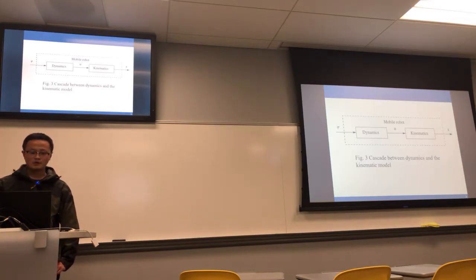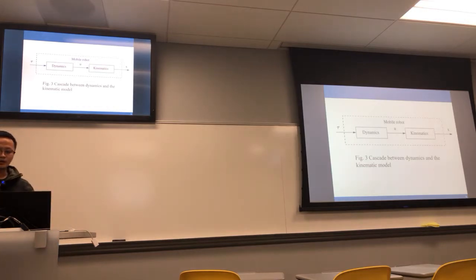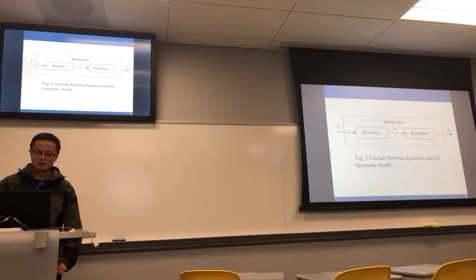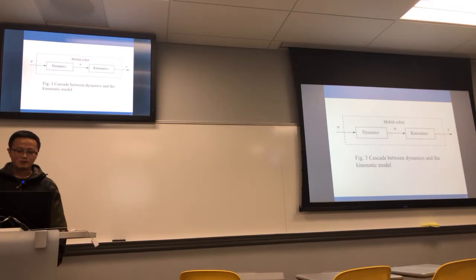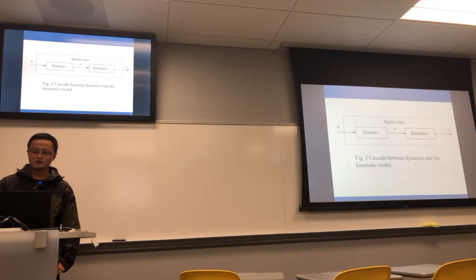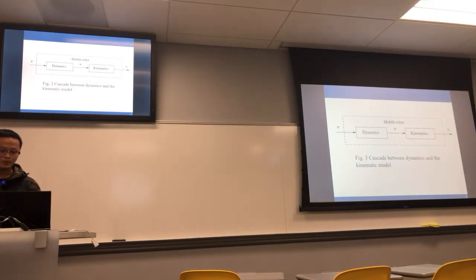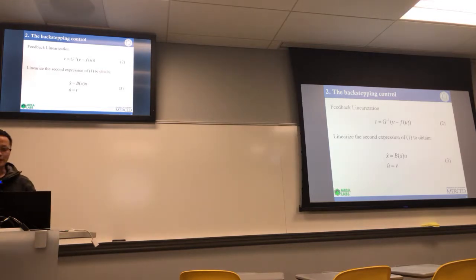For the dynamic model the input is tau, and for the kinematic model the input is U. So there is a cascade between the dynamics and the kinematic model. Most work done before just controlled the kinematic model of equation 1. So here we need to design a backstepping controller.